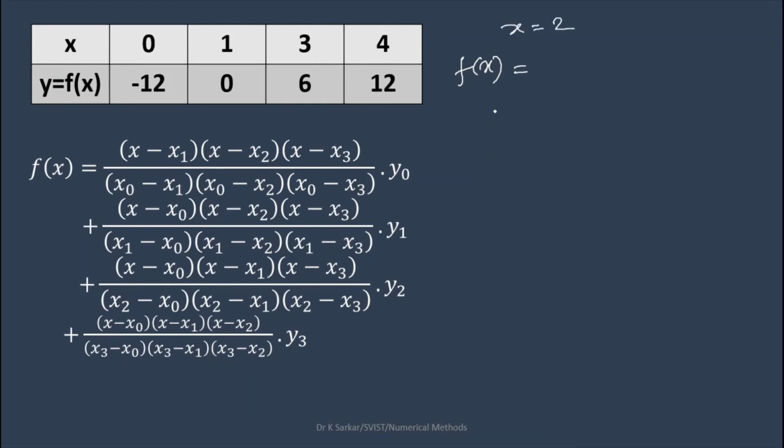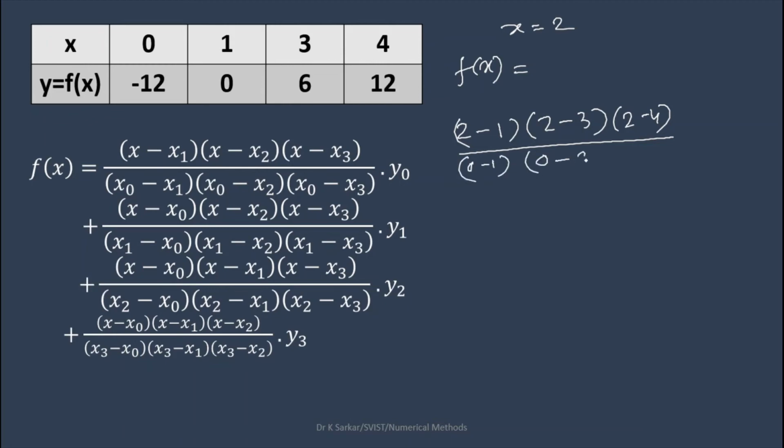So f(x) equals (2 minus 1)(2 minus 3)(2 minus 4) divided by (0 minus 1)(0 minus 3)(0 minus 4) multiplied by minus 12, plus x minus x0, x minus x2, x minus x3.